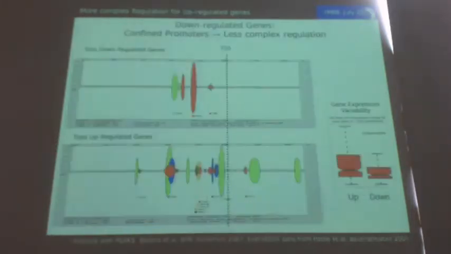We did this more extensively by employing a very nice computational method developed by an old colleague of mine. What you see here is the area close to the transcription start site, for downregulated genes and upregulated genes, showing enrichment in binding that is now positionally specific.